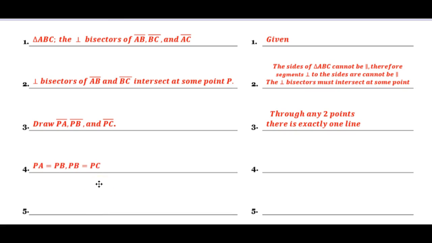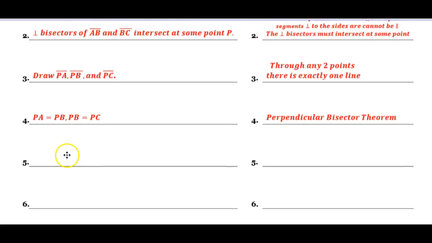So I know that PA equals PB, and I know that PB equals PC because of the perpendicular bisector theorem. I have a perpendicular bisector, so I know that it is equidistant from the endpoints of my segment.